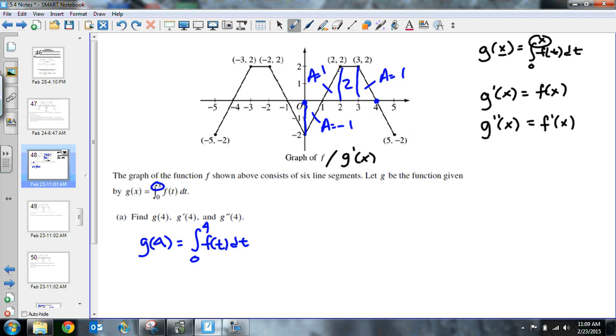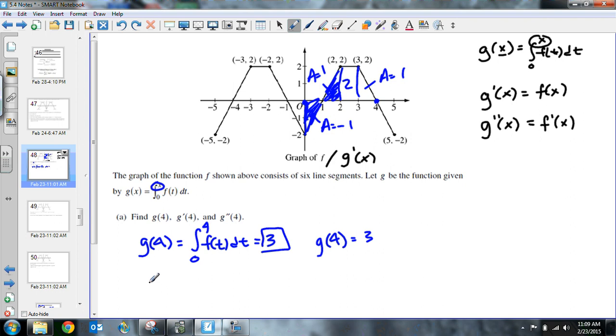Now these two areas, this area under the curve and this area under the curve, because they're the same area, they cancel each other out. So really, I'm just calculating the area here, which is an area of 3. So what we know is that g of 4 is equal to 3, and that's my answer. If you wanted to write g of 4 is equal to 3, you can do that there.